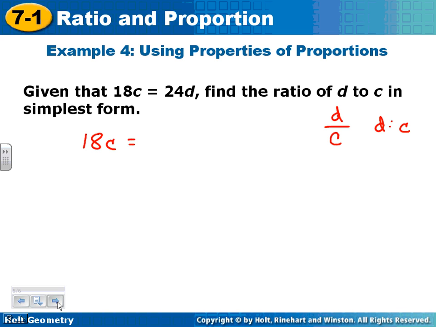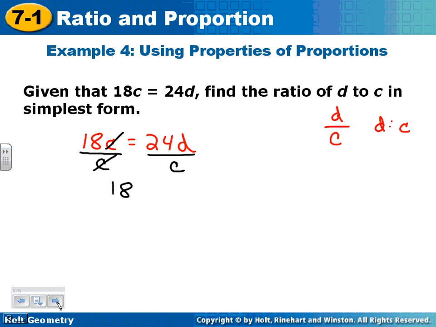18C, here's my problem. 18C equals 24D. I want the D to be on top, so I simply divide both sides by C. Which in algebra does this? I can mark out those C's.